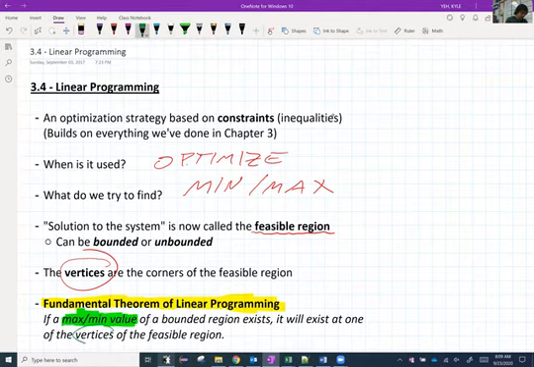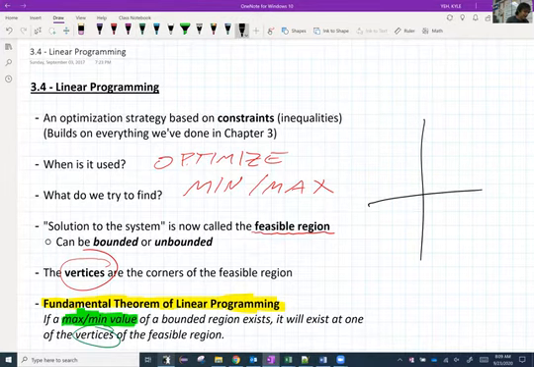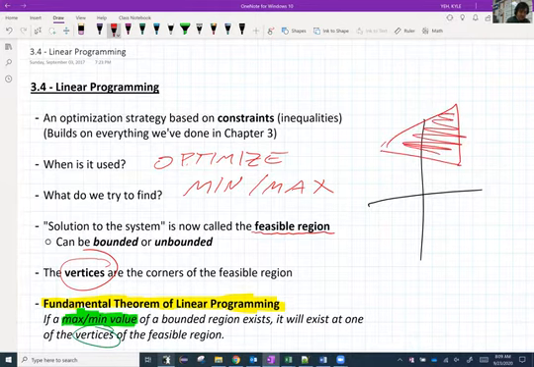And here's why. I'm going to make a quick sketch over here on the side. Let's say we graph something, and let's say we find that our feasible region is right here. And these are all the places we can be to satisfy our constraints.